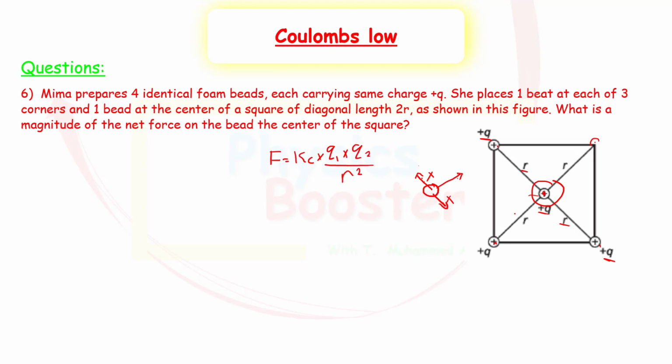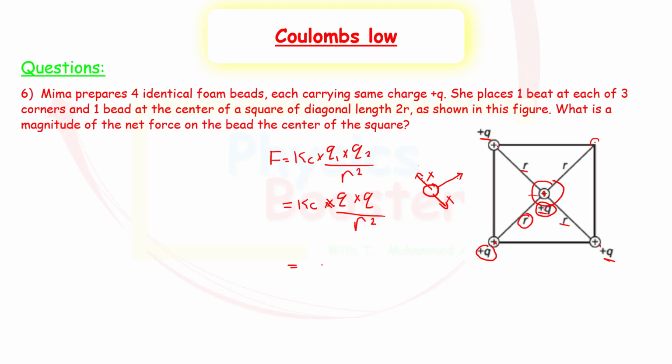We do not have numbers, but we have symbols, so we will use symbols. It will be equal to Coulomb's constant, we will leave it as a symbol, multiplied by Q, which is the charge of this bead, multiplied by Q, which is the charge of the second bead. Because they have the same charge, it's Q multiplied by Q divided by the distance. The distance between this bead and this bead is R, so it will remain as R squared.